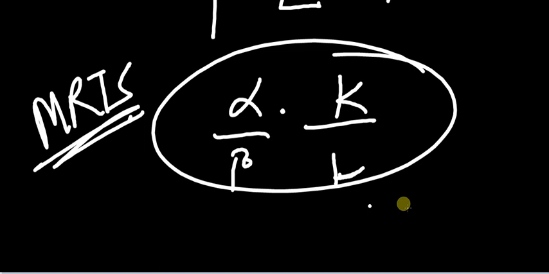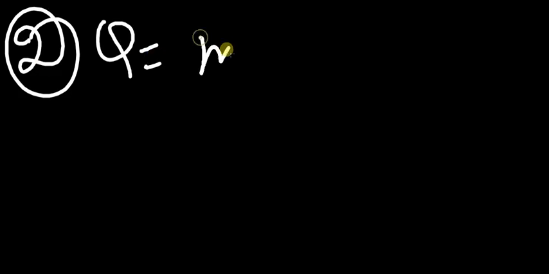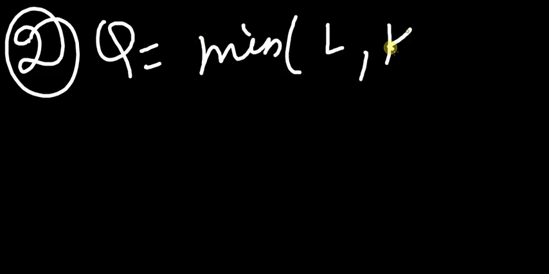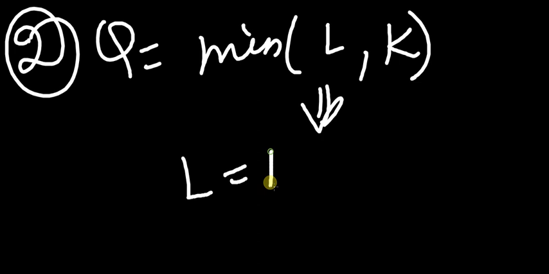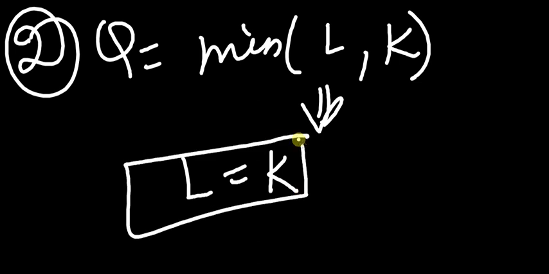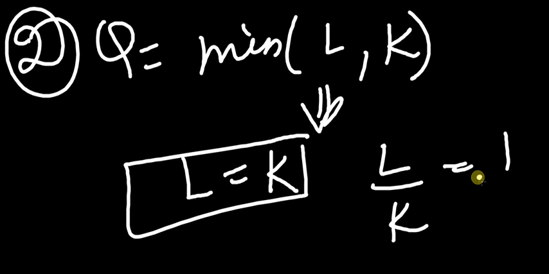Okay, now coming to the next type of function, I want to talk about the min function. Because I will equate whatever comes inside the min, I'll say L is equal to K, and since L by K is 1 by 1, I know that the kink should pass through the 45-degree line.